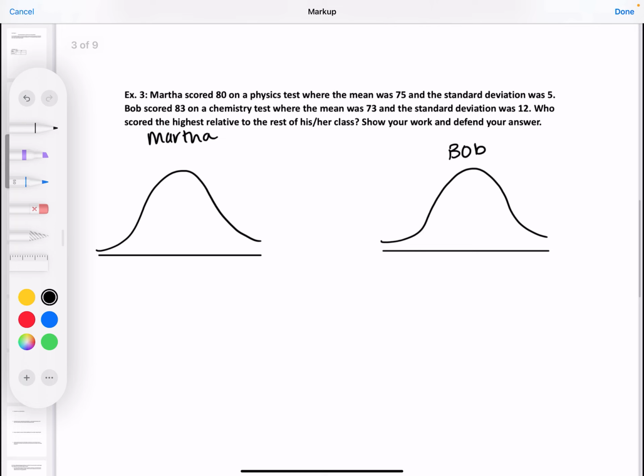So the mean for the class is what is going in the middle of your graph there. In this case, the mean for Martha's class was 75. The mean for Bob's class was 73. But the standard deviation was 5. Since that's what she got, I'm only going to put the 80 on there.